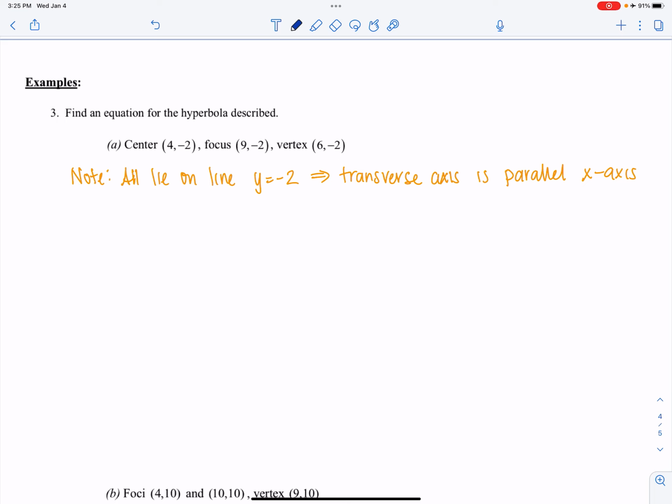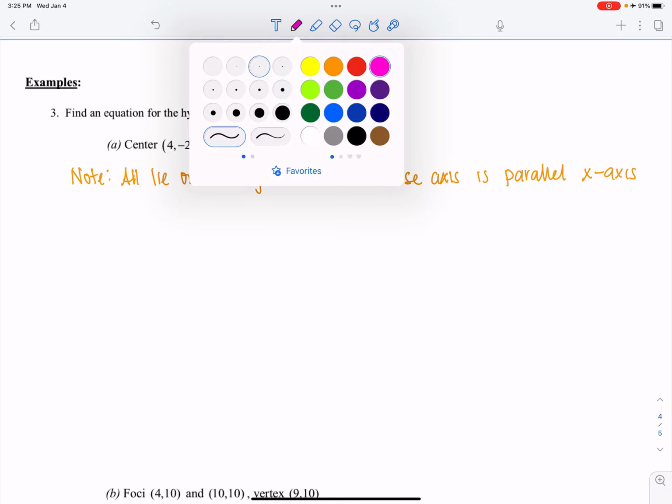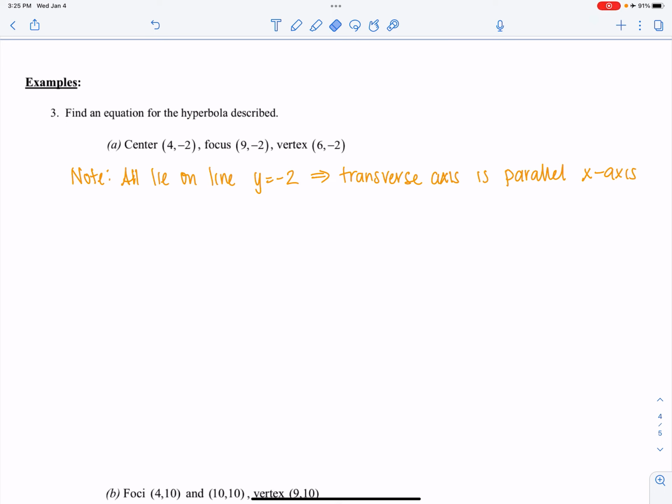So I'm also going to label, I used orange already, but we have H, K at our center.